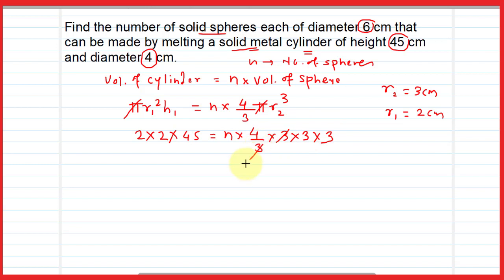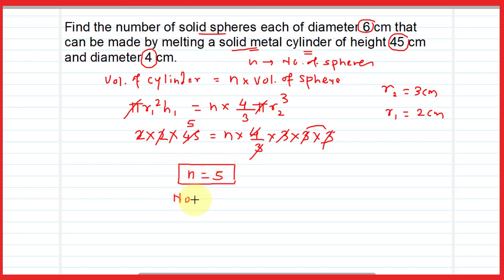So this 3 and 3 will get cancelled. 2 2s are 4. This 4 and 4 will get cancelled, and you will get 3 1s are 3, 3 3s are 9, and 9 5s are 45, and so you get N is equal to 5. So the total number of spheres that we get will be equal to 5.